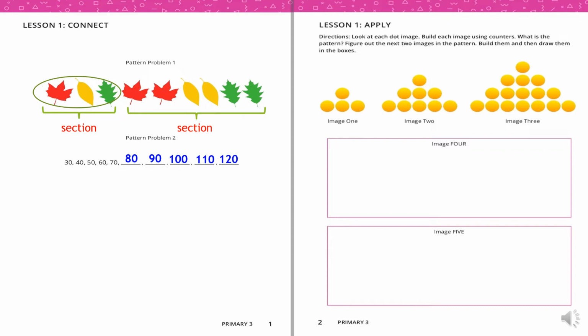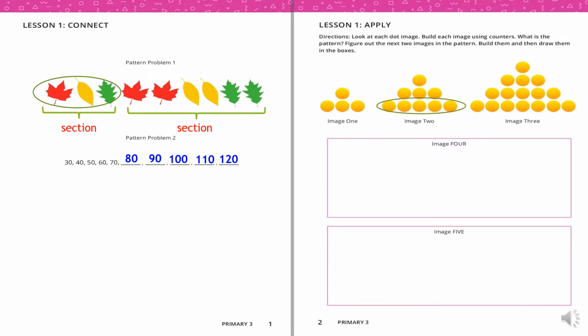The third image, we are counting from the top. 1 dot on the top, then 3, then 5, then 7. So what is happening?